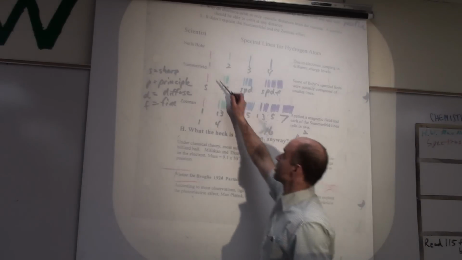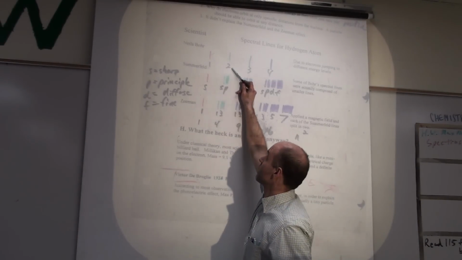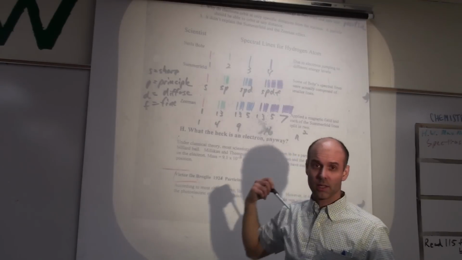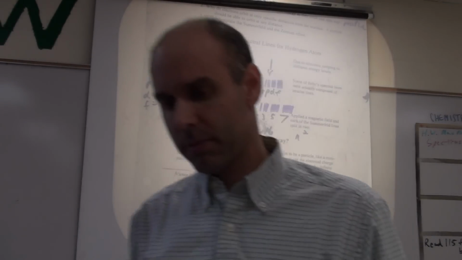Perfect squares. So if you take 1 squared, you get 1. If you take 2 squared, you get 4. If you take 3 squared, you get 9. 4 squared, you get 16. So now the question is to explain why this pattern occurs.